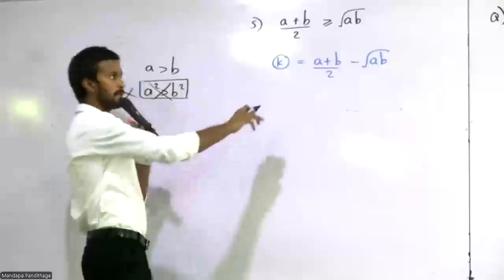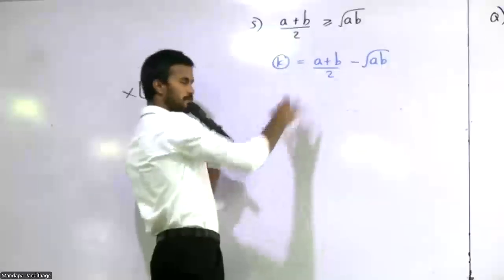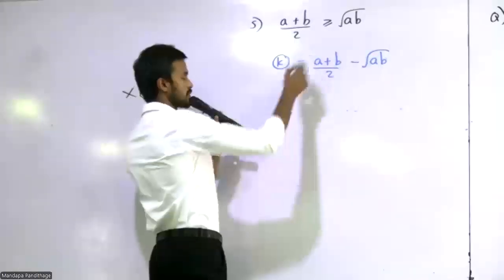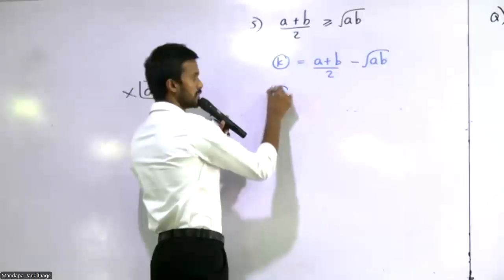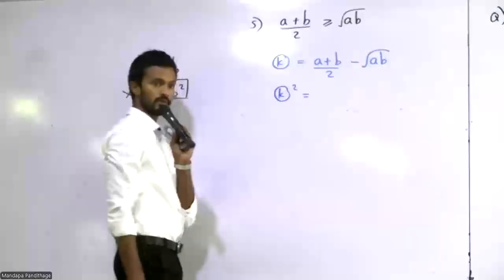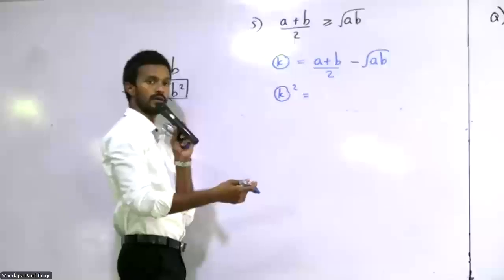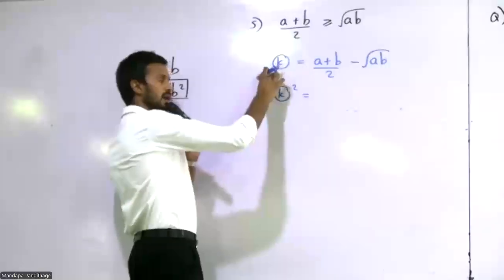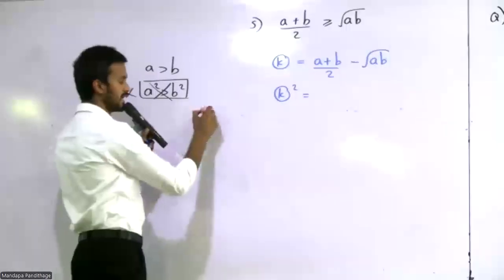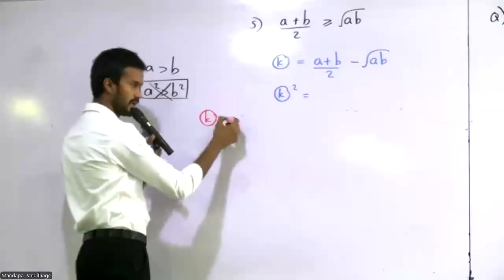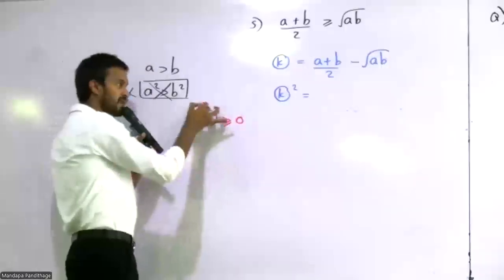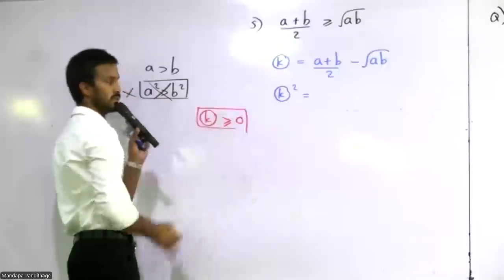The second thing is when you write this one, I see students squaring both sides. K squared, and they are squaring this side. That is even more wrong. What am I supposed to show? I need to simplify K and show that it is greater than or equal to 0.